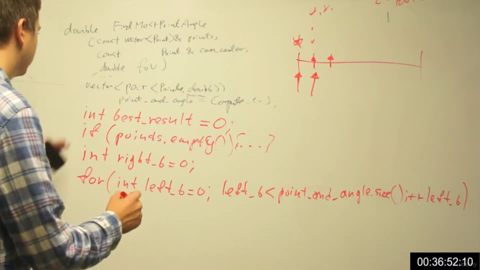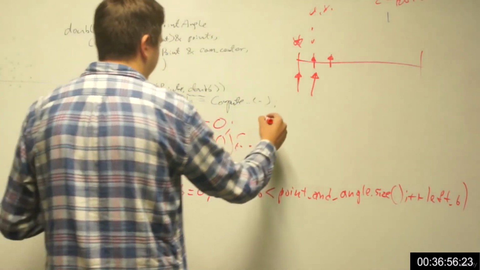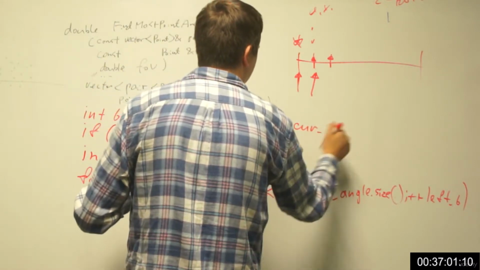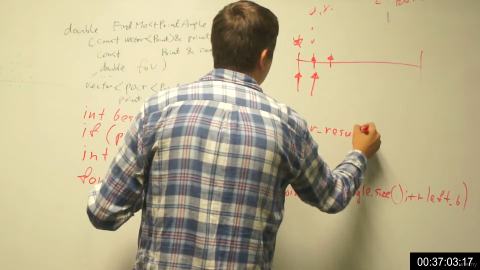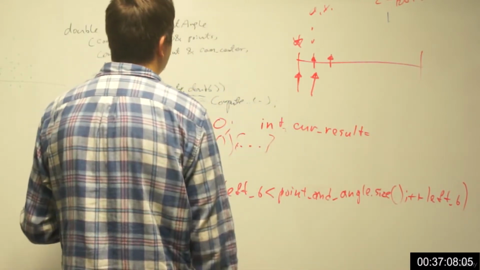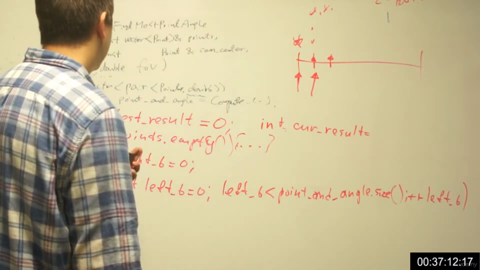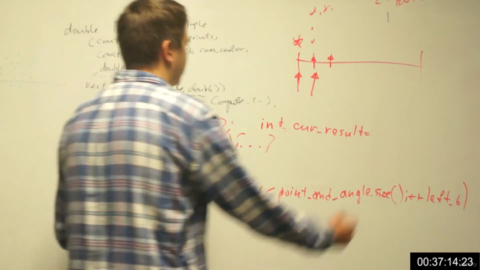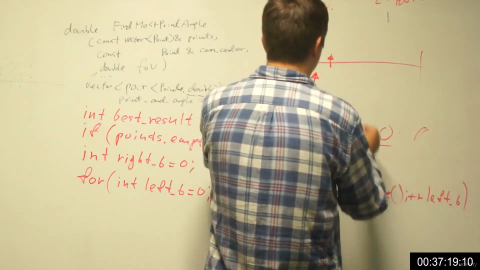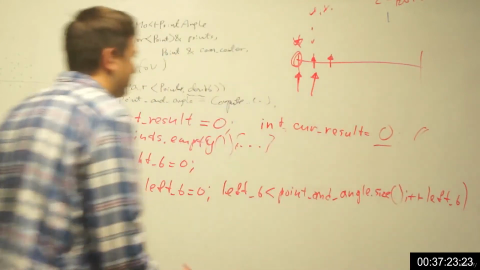So it will be int current result. I know it's not good style. Let it be 0, but I need to check it because it depends on the implementation.